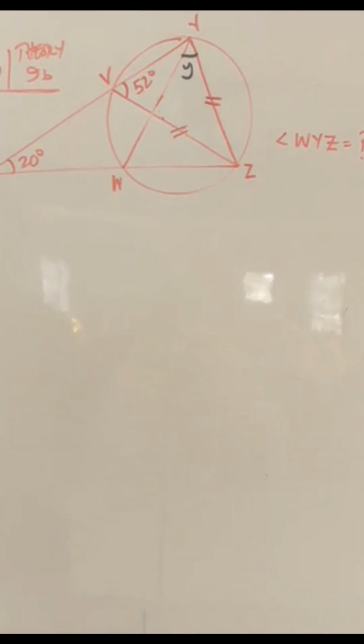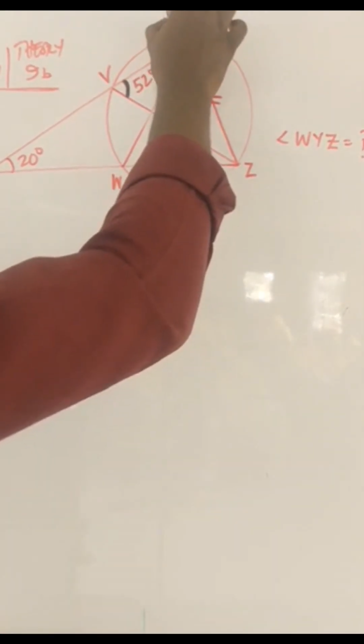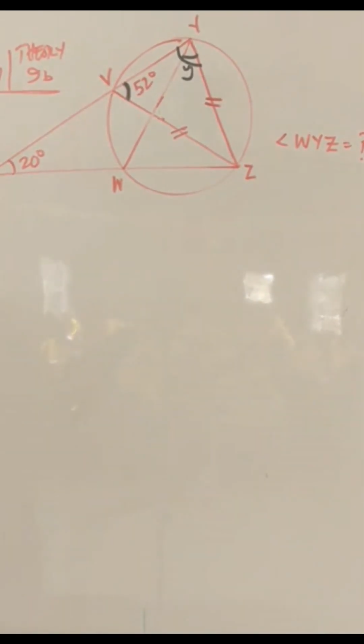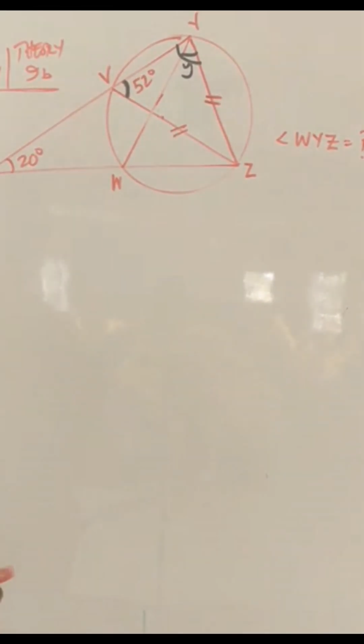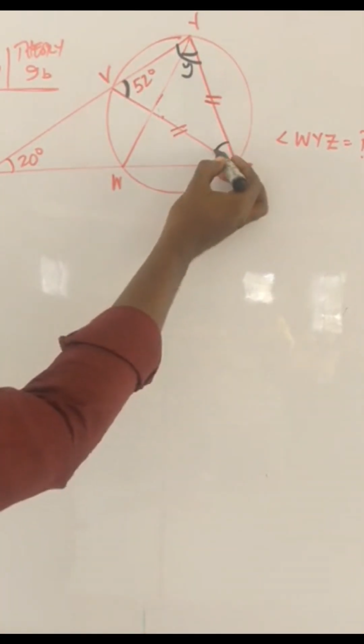So if this angle here is 52 degrees, then the whole of this angle also must be 52. Then we can get this angle. We don't know what we're going to use it for, but let's get the value of this angle.